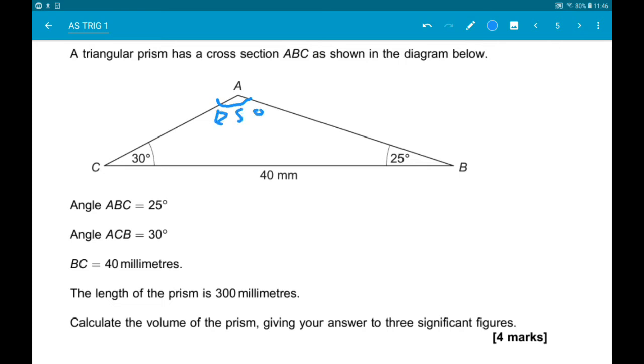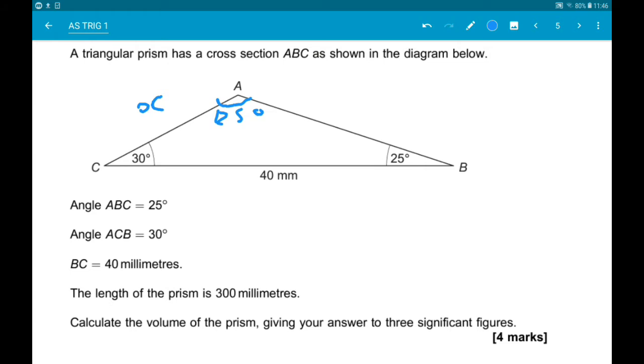Okay, now to be able to work out the area, we need an angle and 2 sides coming out of that angle. Now we can find another side here using the sine rule. So I'm going to find that side, and I'm calling it x.